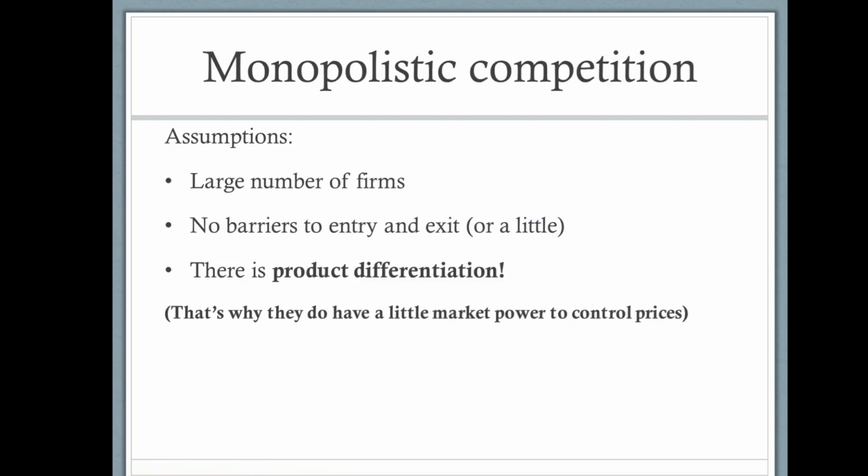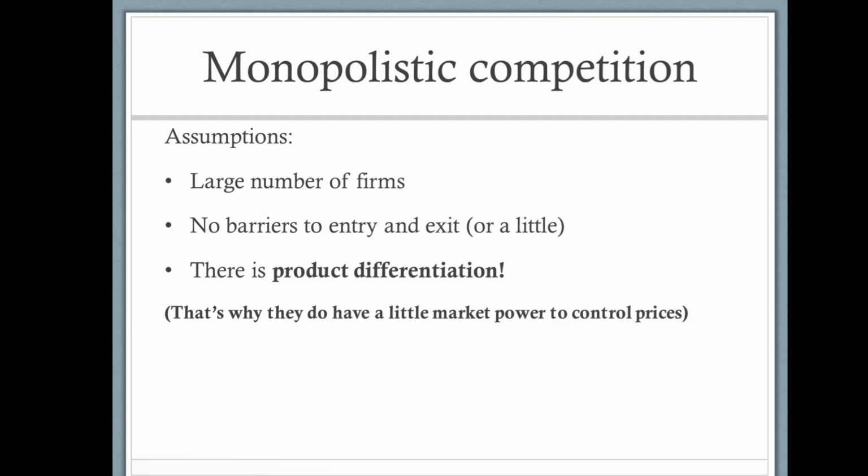In monopolistic competition, we have these assumptions. There will be a lot of firms, so you are going to expect a large number of firms, just like in perfect competition.